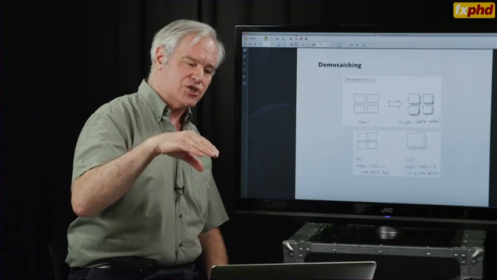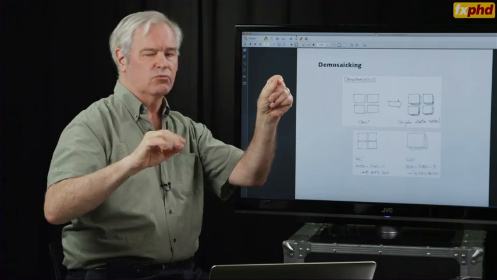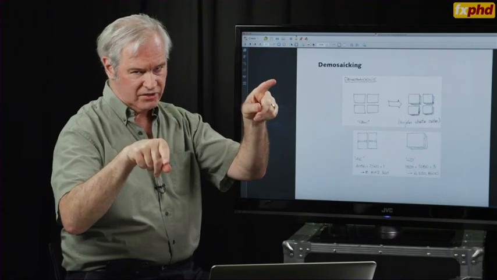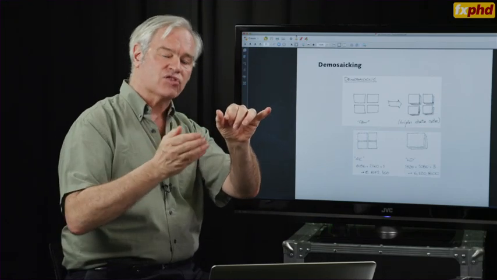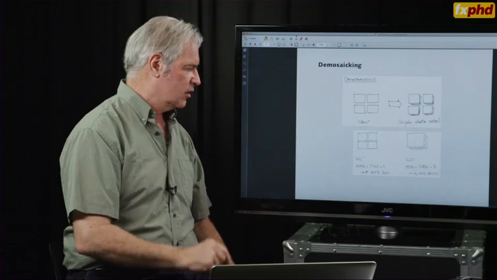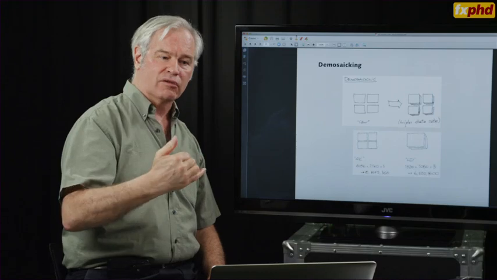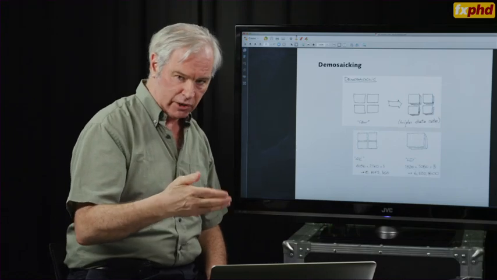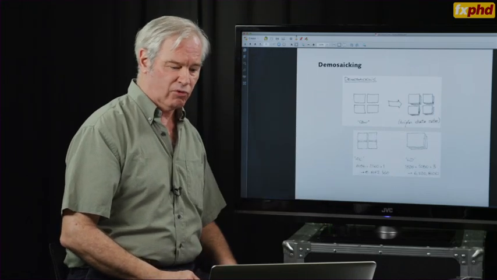So in the case of HD, we've got basically 2000 by 1000, well, technically 1920 by 1080, but let's call it 2K by 1K times 3, or 6 million little pieces of light, where a so-called 4K camera is only delivering you 8 million little pieces of light. So the two are actually quite comparable in performance.